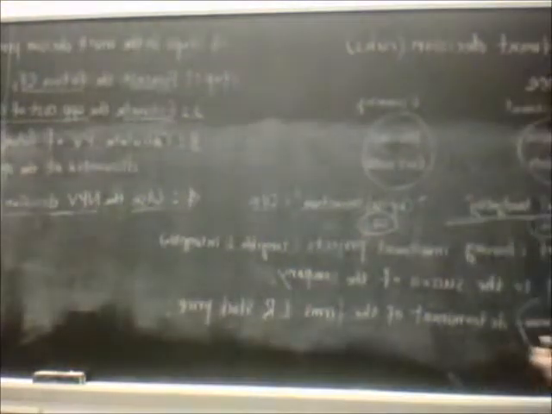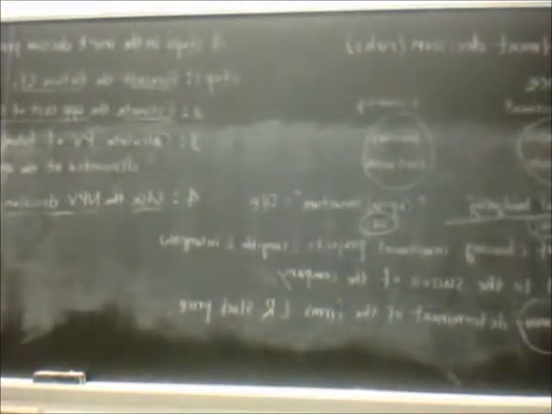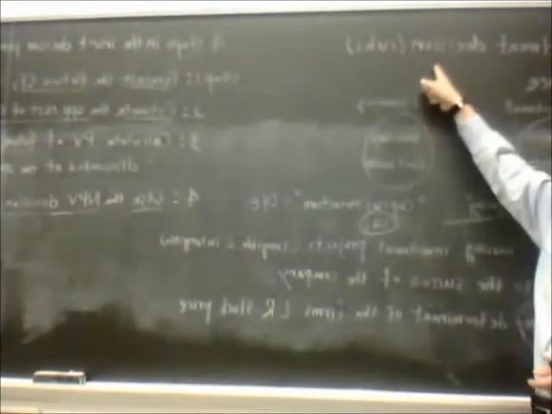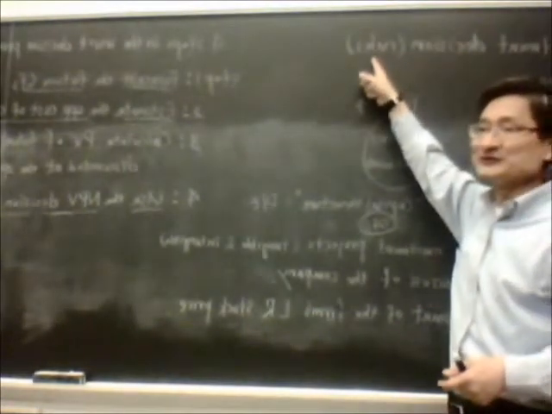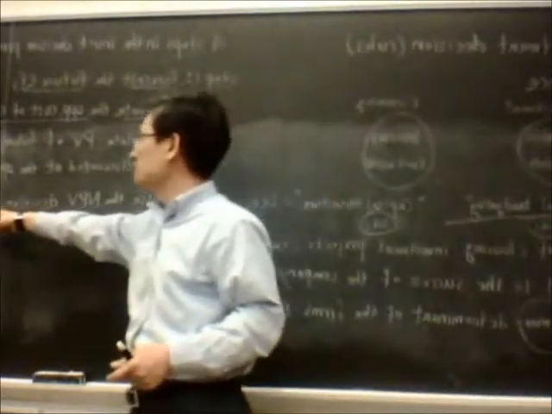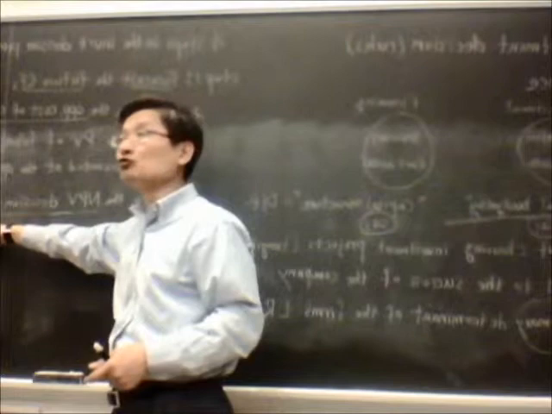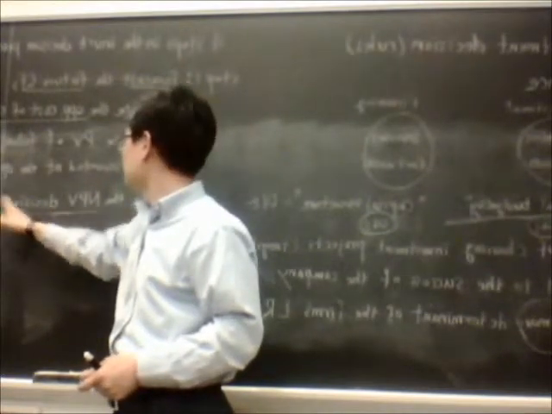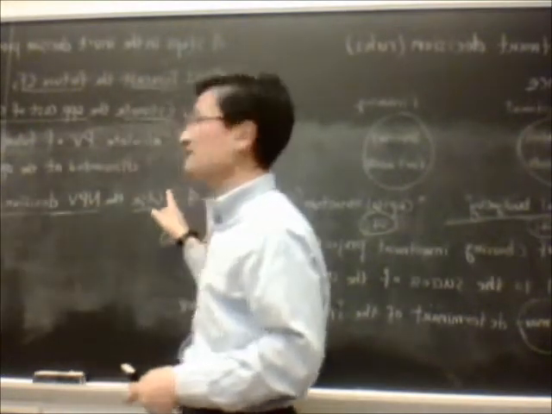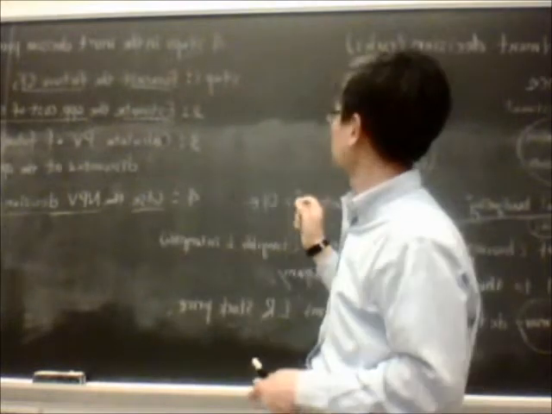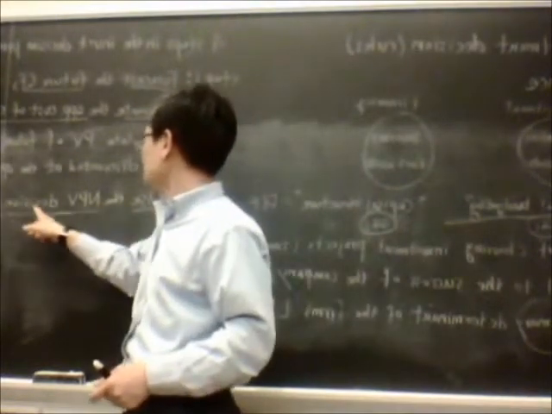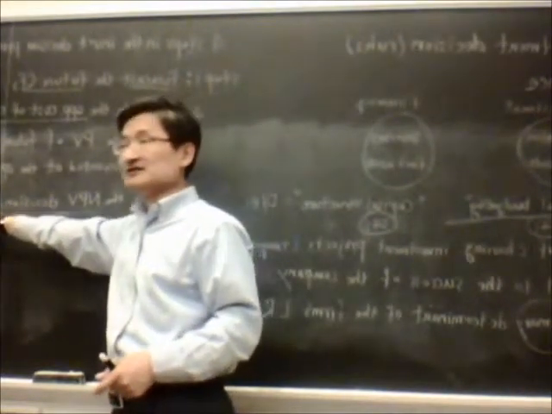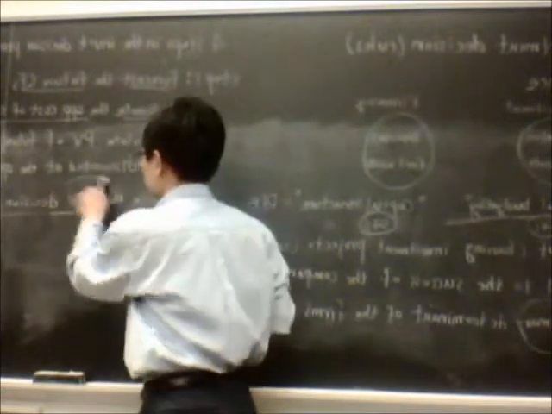Look at the title of this chapter, chapter 8, investment decision rules. We're going to talk about 2-3 different rules for investment decision. One of those decision rules is NPV.